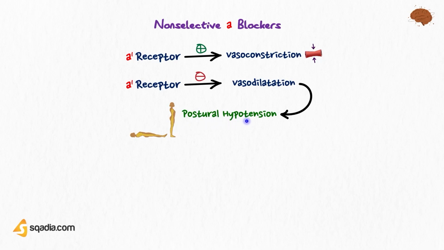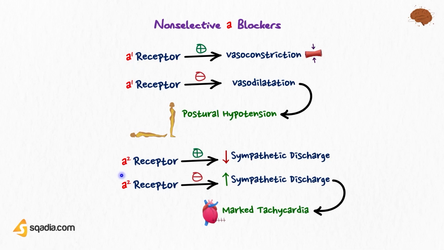Postural hypotension is the dropping of blood pressure when an individual in the supine position gets to the upright standing position. This happens because vasodilatation is occurring and the blood pressure is already dropping because of the antagonism of the alpha-1 receptors. We have seen that there are two types of alpha receptors: alpha-1 receptors and alpha-2 receptors.